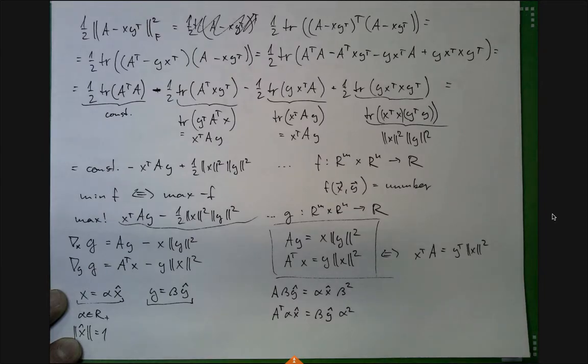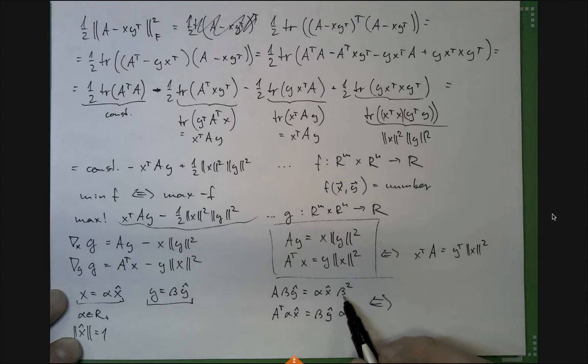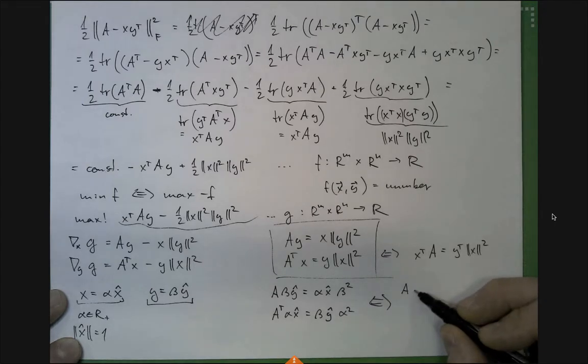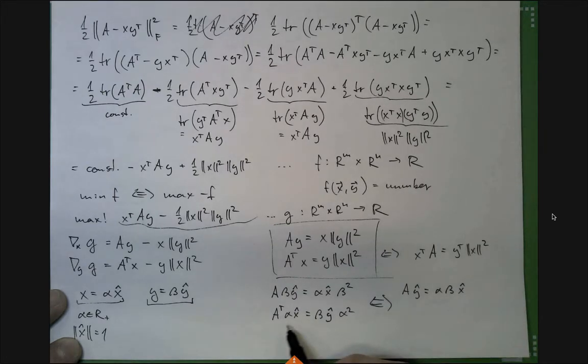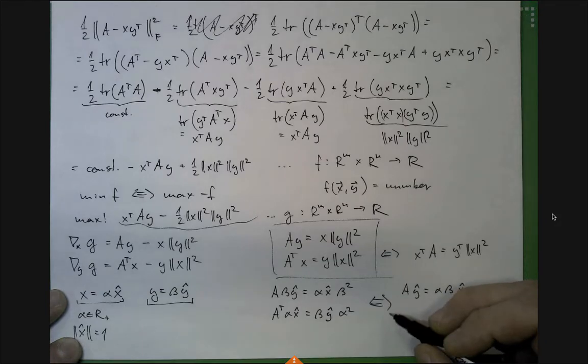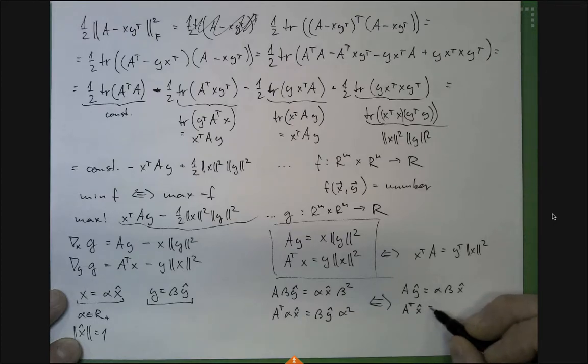So I have some opportunity for cancellation. I can divide by beta here, and I will get A y hat equals alpha beta x hat. And here I can divide by alpha, and what I will get is A transpose x hat equals alpha beta y hat transpose.